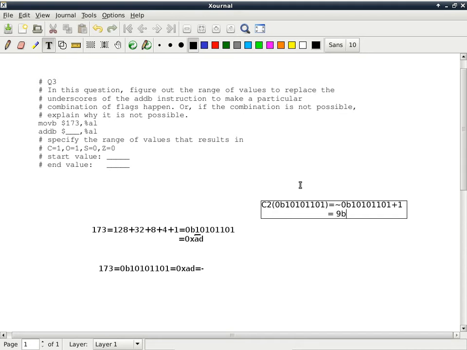The negation is 0B 01010010, plus 1, and that turns out to be 0B 01010011. When you interpret this number as a hexadecimal number, it is 53, which is 5 times 16 plus 3, which is 83. So that means the original bit pattern is representing negative 83.